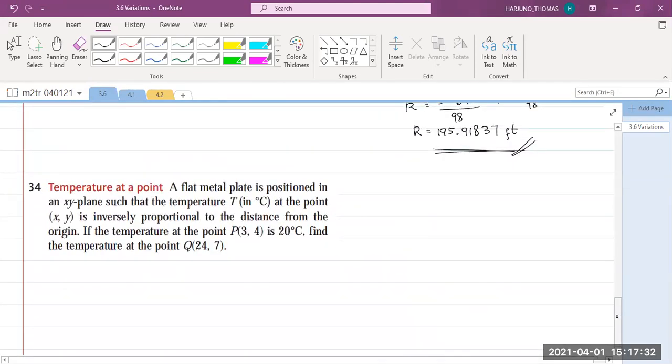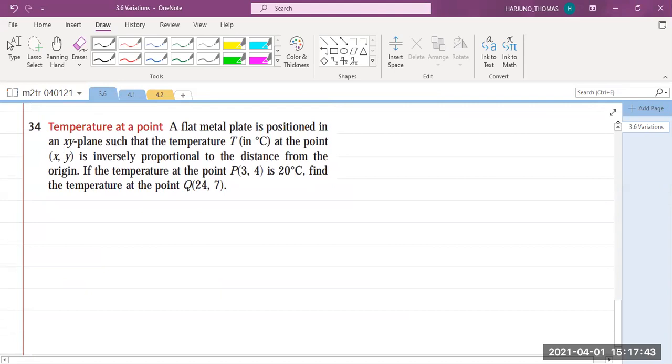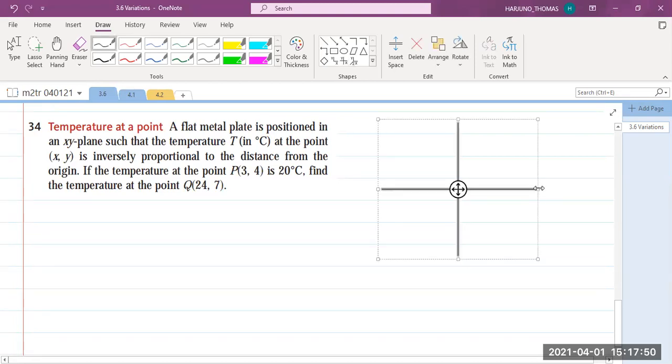Let me go on. Now, this is the type of question you see in Calc 1, actually. This is the basic part. A flat metal plate is positioned on an XY plane such that the temperature T is inversely proportional to the distance from origin.